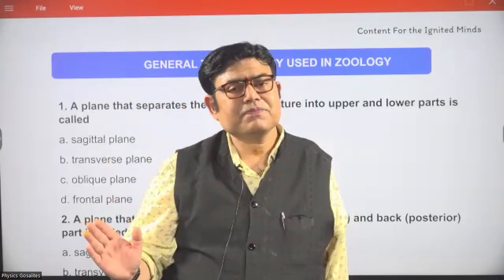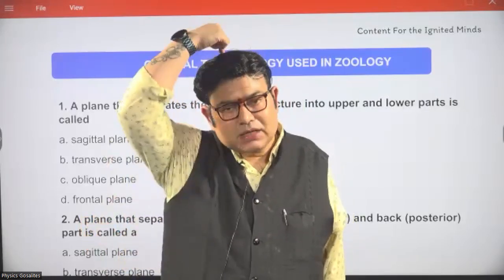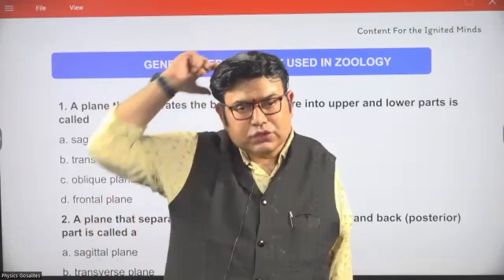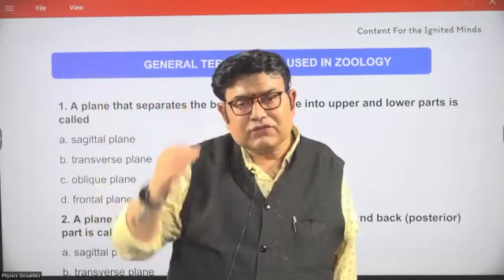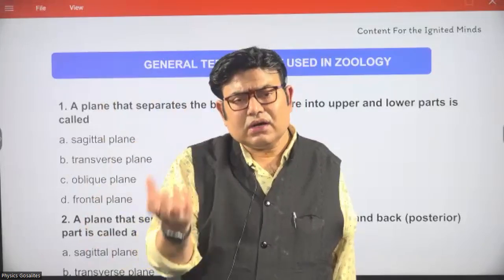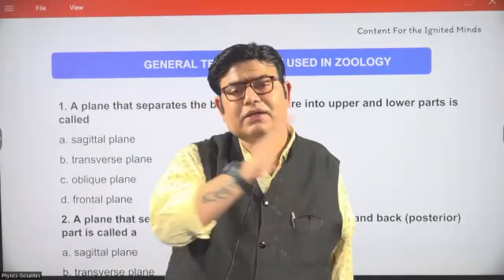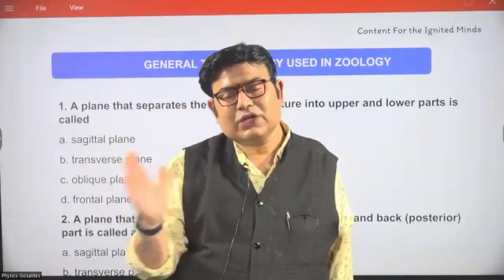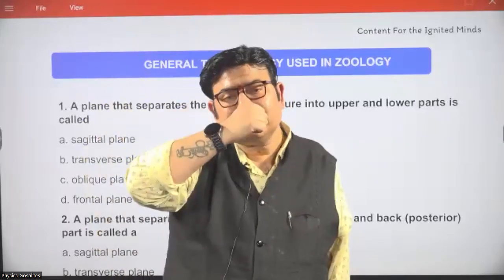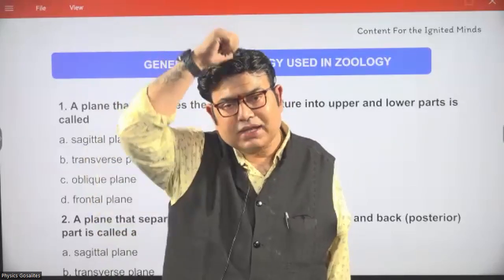The median plane is the line which divides my body into 2 equal halves, mirror images. This is the median plane.